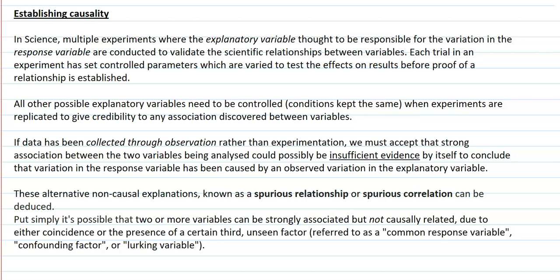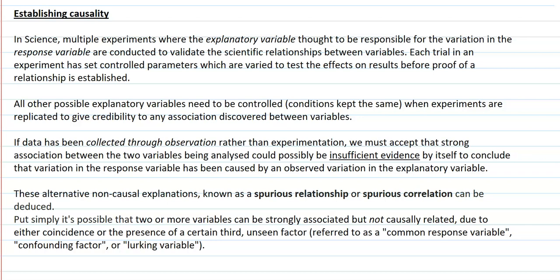When we're conducting an investigation, all possible explanatory variables need to be controlled. In other words, the conditions need to be kept the same. This helps give credibility to any association discovered between the variables we're investigating.